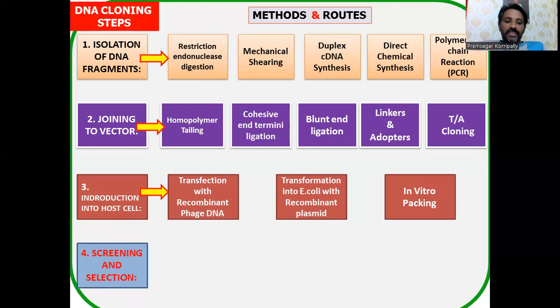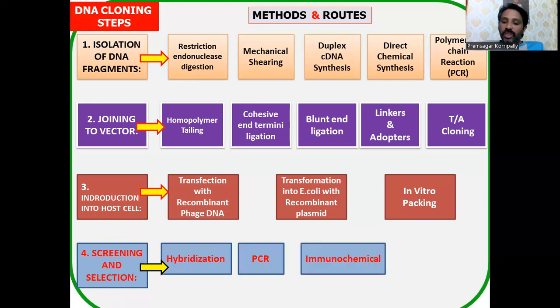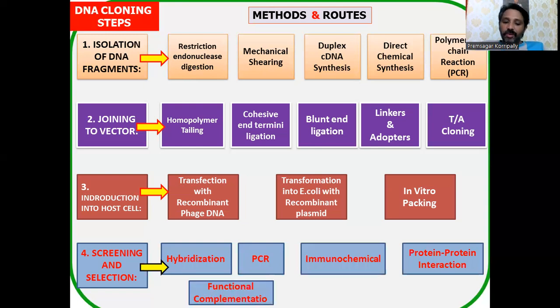And the fourth one is screening and selection. There are different methods available for this. The first one is hybridization, and the second one is PCR. The third one is immunochemical, and the fourth is protein-protein interaction, functional complementation, and gain of function.